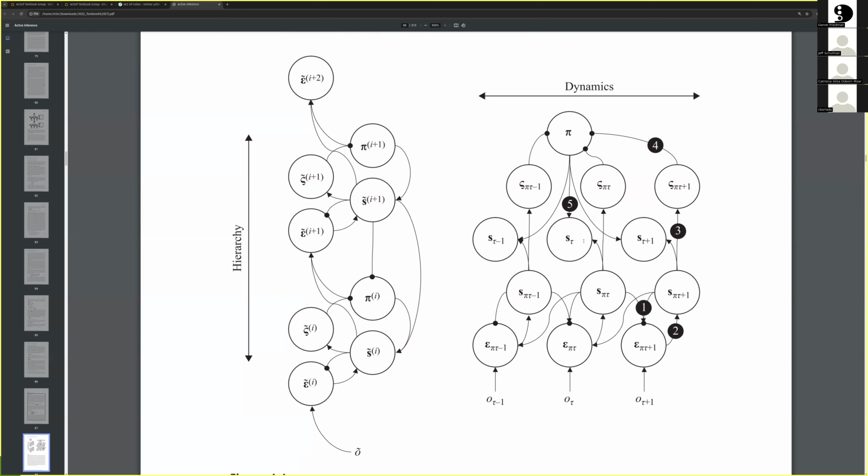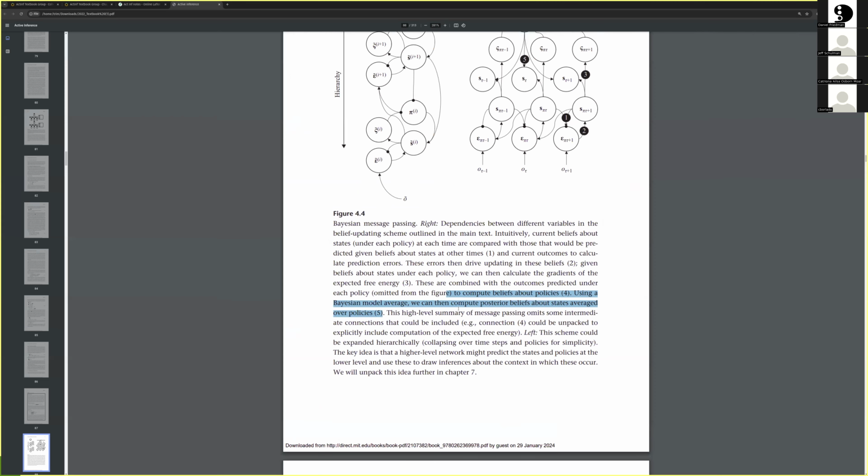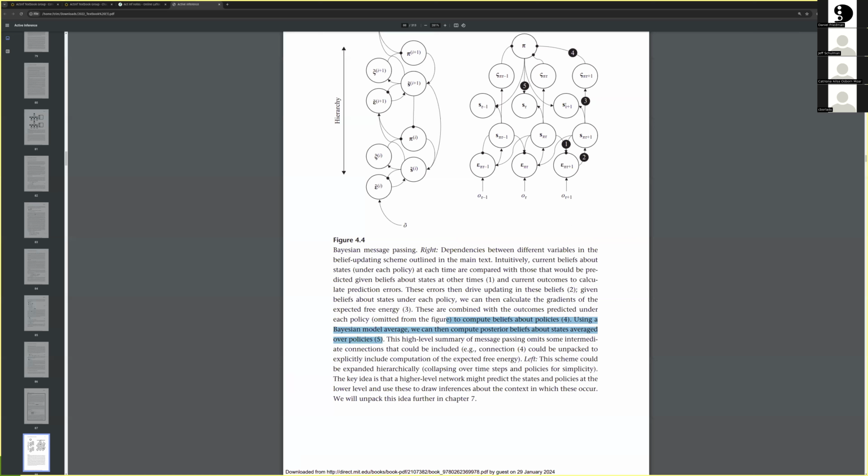Here on the right is looking more through time. So just like in the top of figure 4.3, it's observations coming in at the current time point, the past and the present, the past and the future time point. And then just showing a little bit of the information flow of how those updates get passed in order to update beliefs about policy, including updating hidden states conditioned on policies.